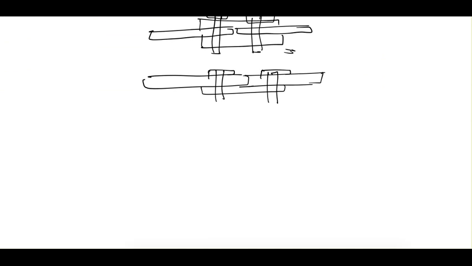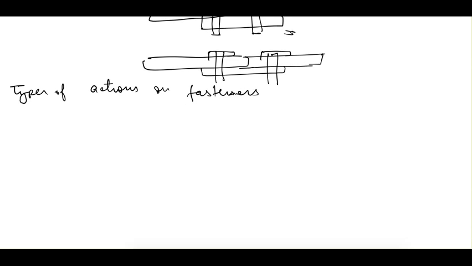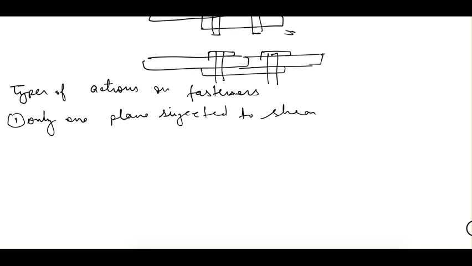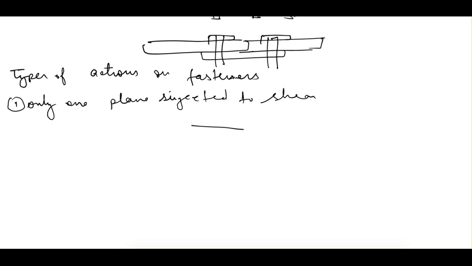And after that, there are types of actions on fasteners, depending upon the applied load and the type of connection we are using. So the first one is only one plane subjected to shear. This happens when we talk about the lap joint.